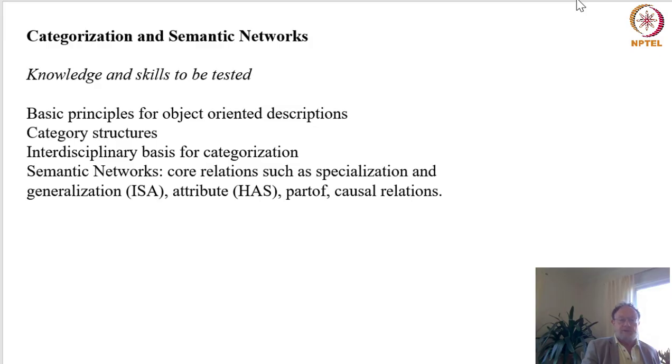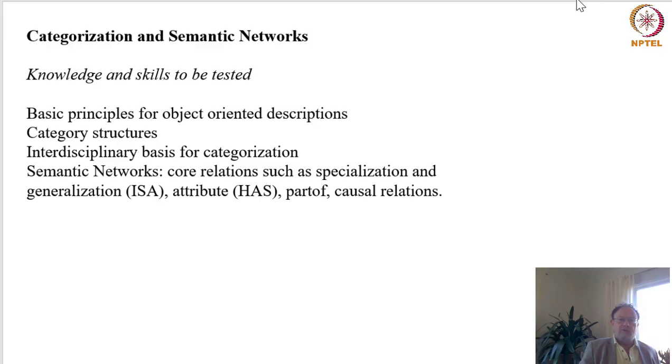Also in the same part of the course, we talked about categorization, and categorization also being close to semantic networks, for the reason that many times in artificial intelligence, categories have been represented in terms of semantic networks.